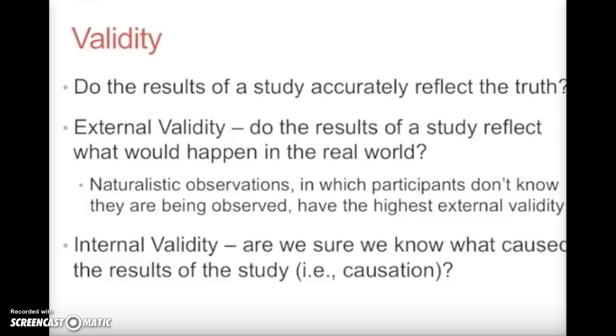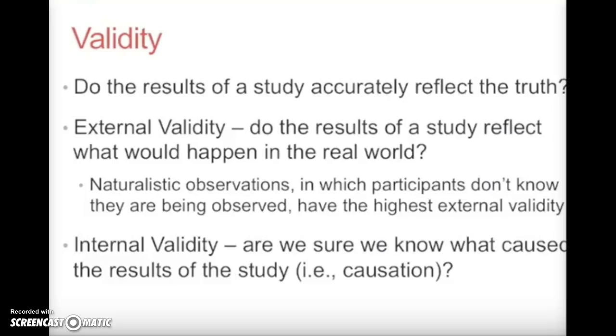Now, internal validity is asking if we know what caused that behavior. And we can't say for sure that we know what caused the boy to pull the girl's hair, so we can say that this observation doesn't have a high degree of internal validity.